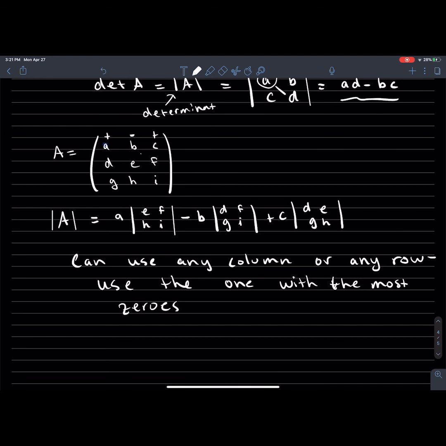Again, I used row 1 here, and that's this, this, and this, the letters that go in the front or numbers. And you can clearly see if B and C were both 0, well then this whole piece I wouldn't have to calculate because it would be 0 times that matrix, 0 times that matrix. I would just be A times the determinant of that first 2 by 2.